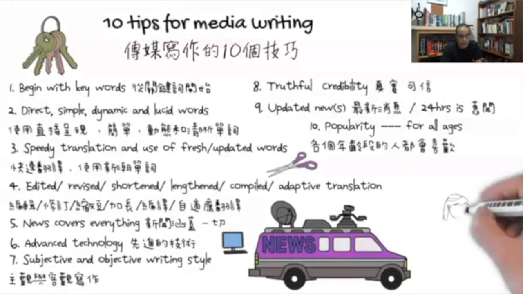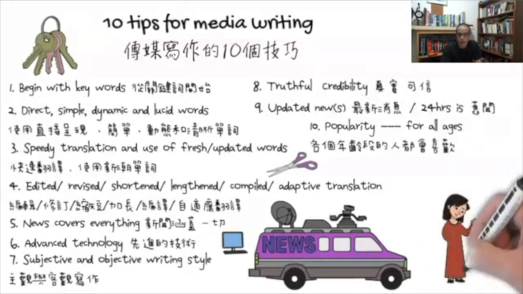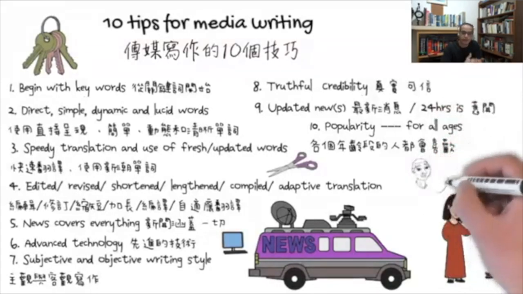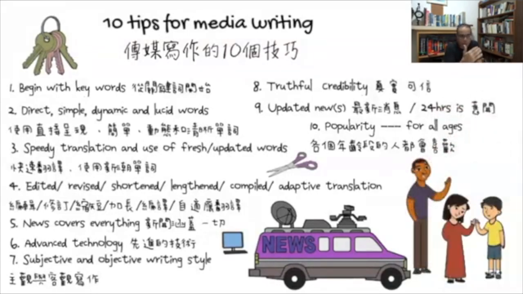Even though you may be working for a certain newspaper or a certain magazine that addresses a certain type of people, for example young people or people of a certain education level, this is another case, but in general try to select the news that you think will be popular for all ages and all kinds of people coming from all walks of life. This is very quick 10 tips on writing for the media.